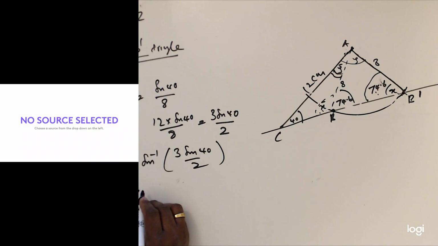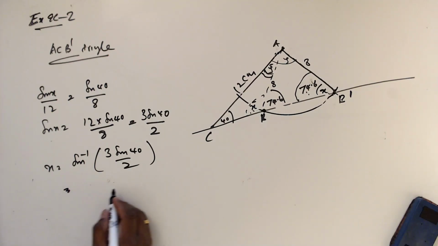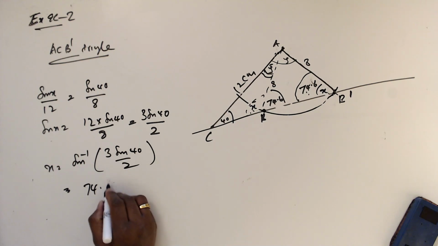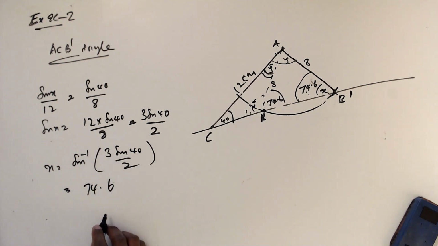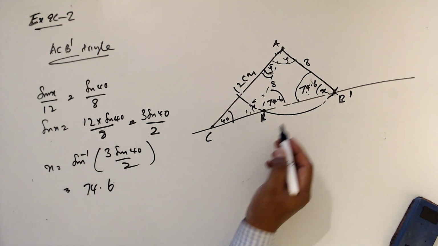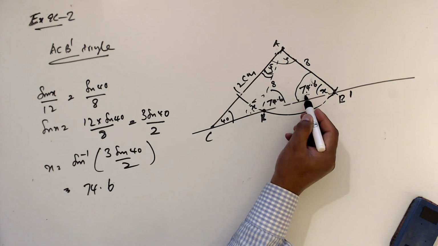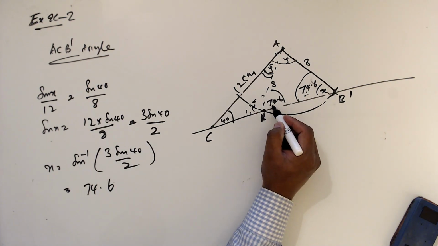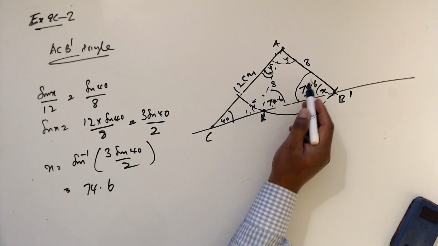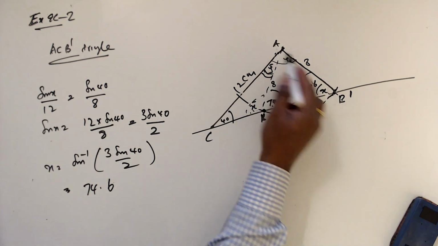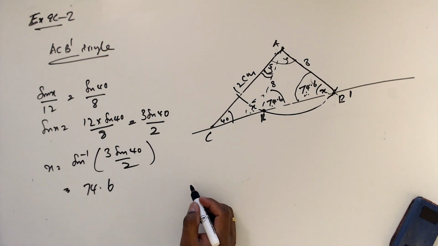So this is going to be 74.6. And this one is also going to be 74.6 because these are isosceles: AB and AB dash are similar distances.